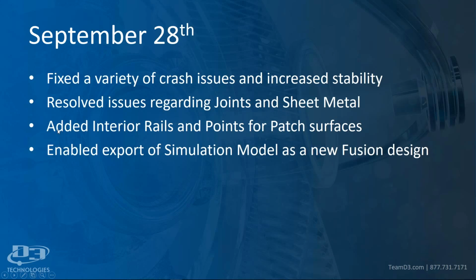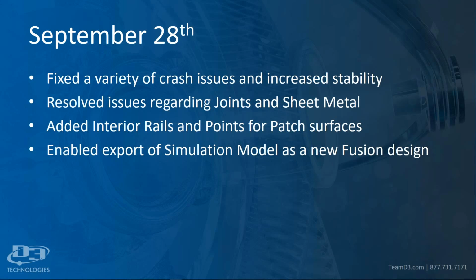All right, they resolved some issues regarding joints and sheet metal. So there were quite a few issues with assemblies, and like I mentioned before, just the process of going from body to component really messed with a lot of people in the beginning, specifically those who are used to external referencing of parts into assemblies inside of Inventor, for example.